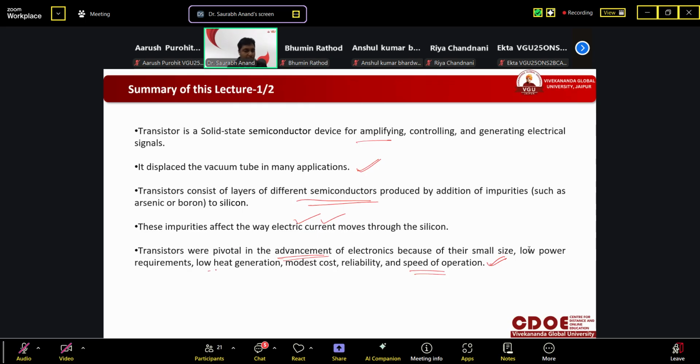Heating is also low, because vacuum tubes became heated if used continuously. Modest cost, because cost is reducing day by day for electronic items. If you purchase anything that was bought 5 years back, now it is very cheap.